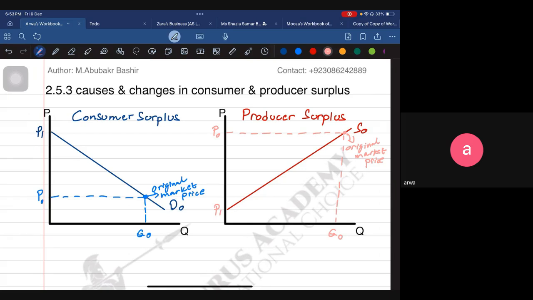Now, if the price increases, the consumer surplus is going to decrease, but producer surplus is going to increase if there is a price increase.